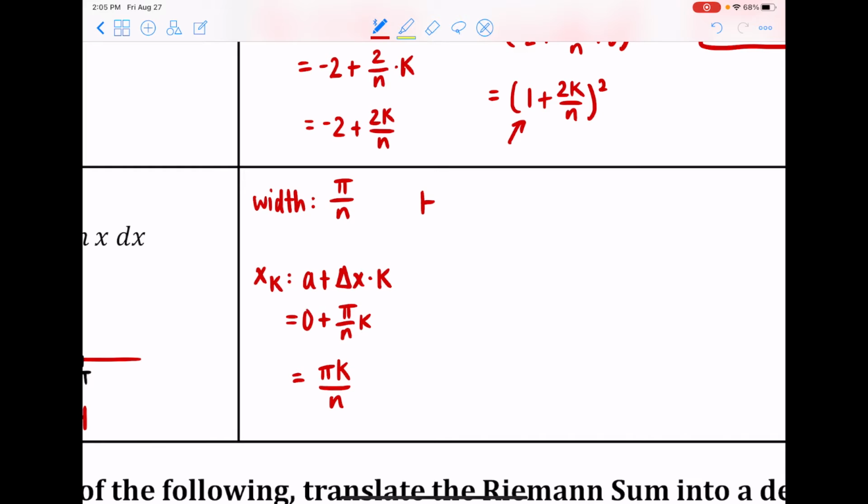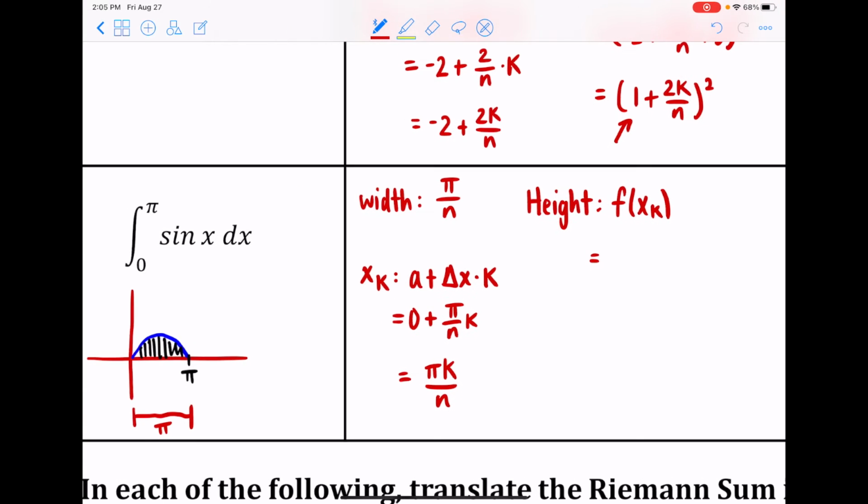So then the height of our rectangles here is going to be f of x sub k. And in particular, for this specific scenario, f of x is sine of x. So that's going to be sine of x sub k, which is pi k over n.